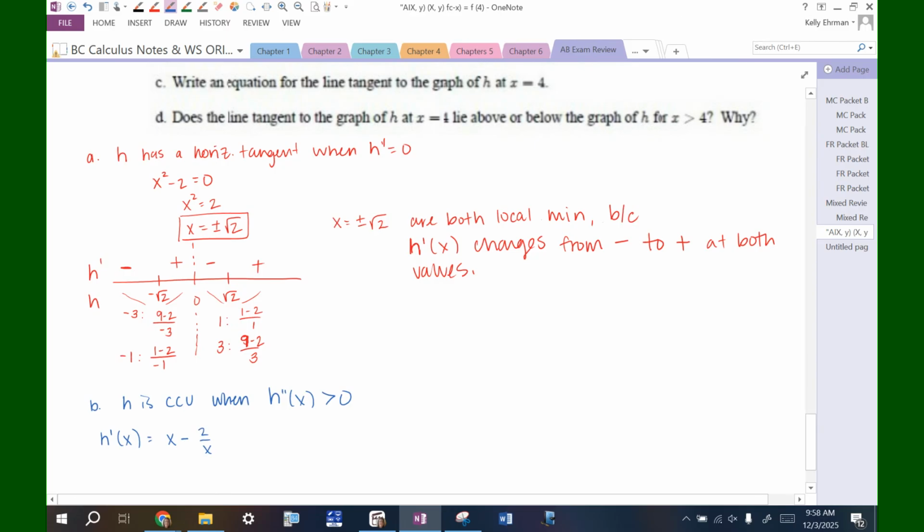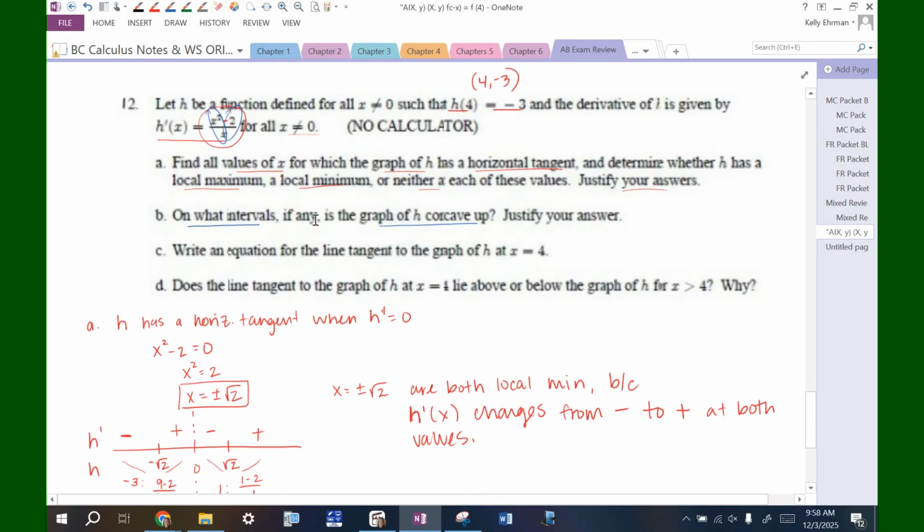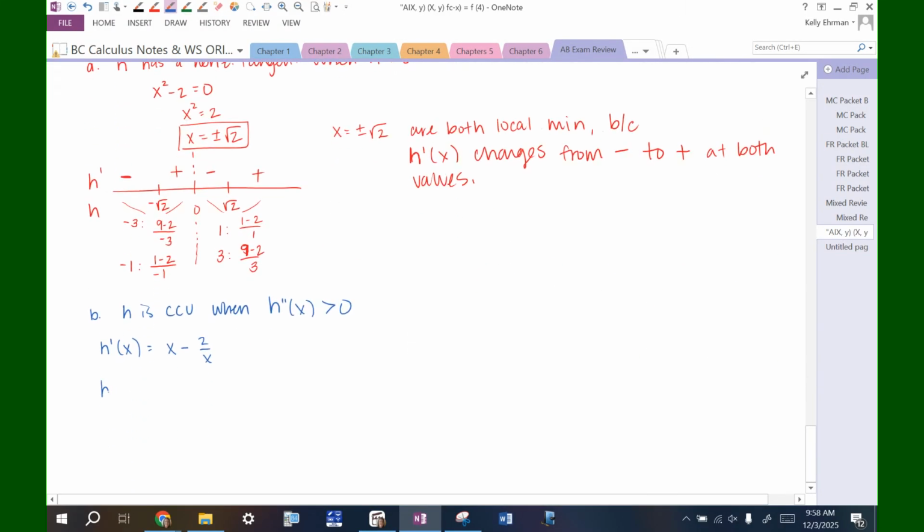That's just me dividing the original two terms by x. And then h double prime, so that I don't have to do the quotient rule, will just be 1. And then this is minus 2x to the negative 1, so this would be plus 2 over x squared, taking a derivative. Sorry, I almost started integrating here.